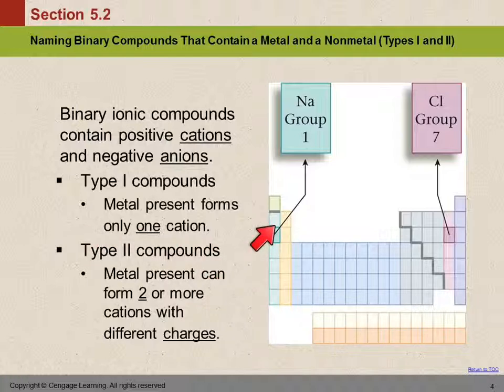And so that's going to include the metals in group 1, which all form +1 ions, group 2 that form +2 ions, and group 3 that form +3 ions. The transition metals here in the middle can form more than one kind of ion. Iron can be +2 or +3. So a compound containing iron would fall into this category of type 2 compounds. That's if the metal present can form two or more cations. Those cations are going to have different charges. And most of the transition metals will do that.